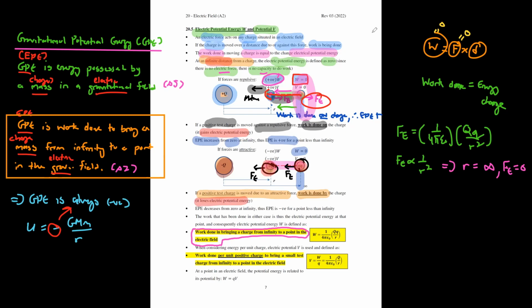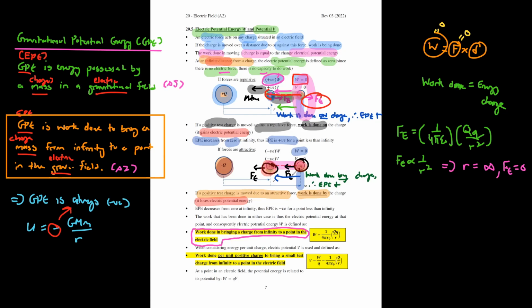Okay, so now consider this. If you're moving from infinity to some point in the electric field, moving towards the left here, you can say work is done by the charge, therefore your EPE decreases.